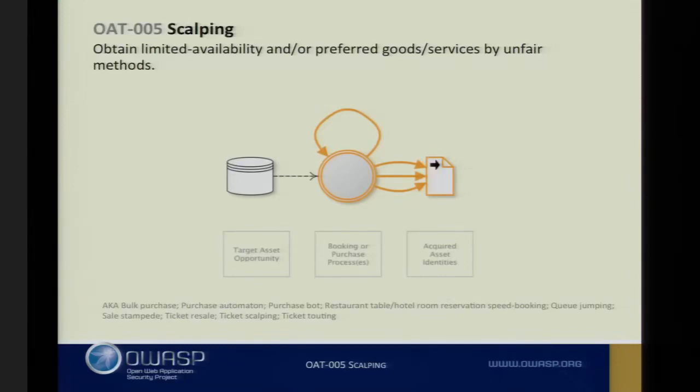Sometimes restaurant reservation booking systems can be susceptible to this as well, where people want to book particular restaurants that are sought after. And this type of attack, apart from causing problems to the owner of the application, in some ways causes a denial of service to other users as well.